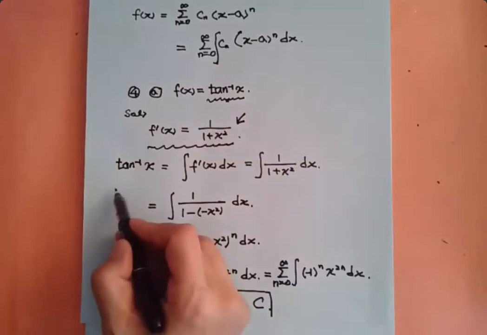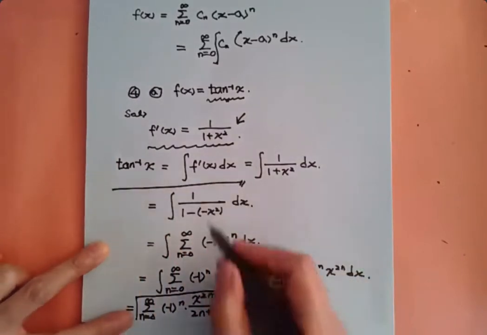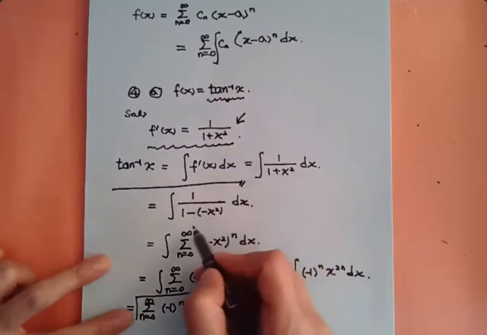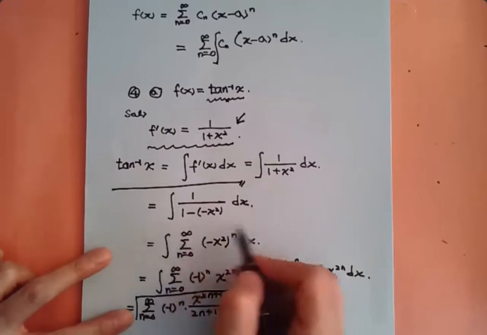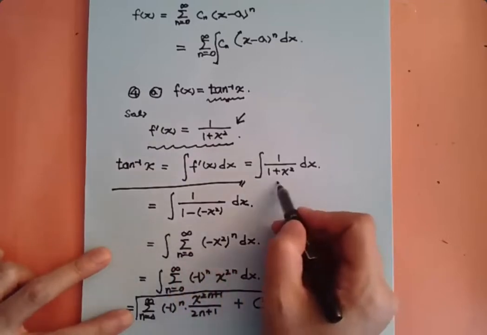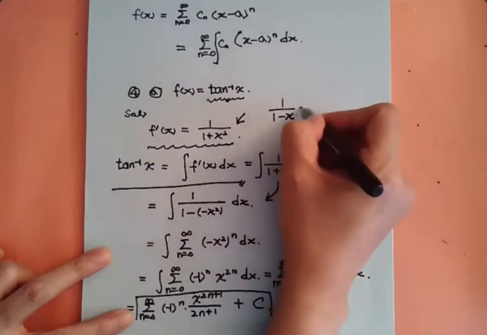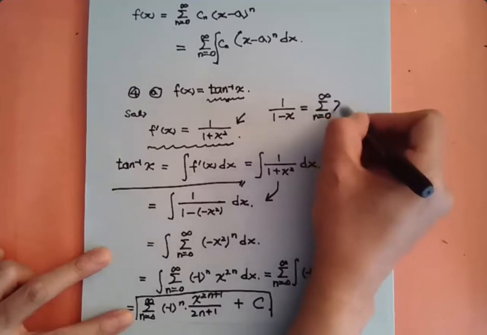So that's what is going on here. And then the remaining part is the same as before. So we use the power series expansion for this one, after we modify a little bit to use 1 over 1 minus x equals the summation n equals 0 to infinity of x to the n power.